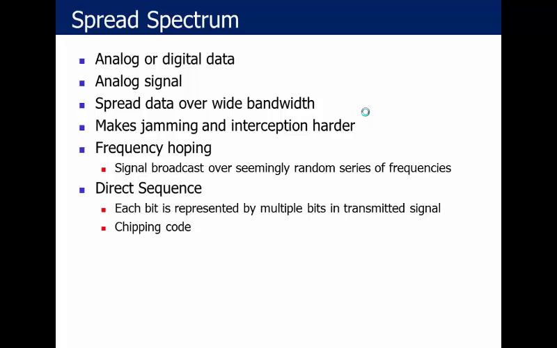The data that we are going to look at is digital data, and the signal, if it is a spread spectrum, is usually analog. But the example that we are going to do here is not an analog signal. Why? Because it's not easy, right?